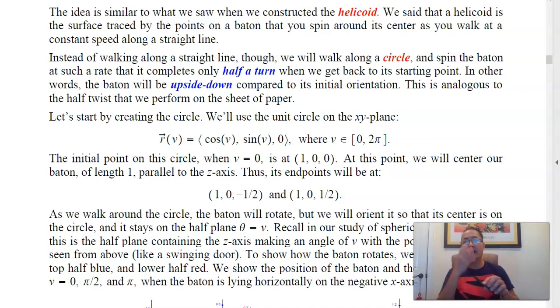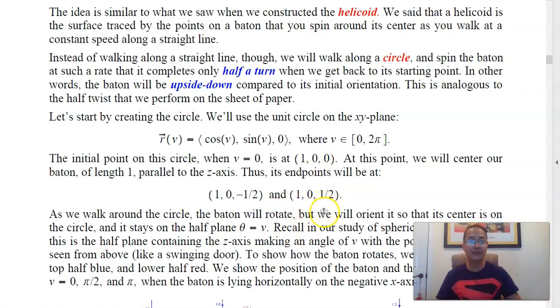We're going to use that same idea, except instead of walking on a straight line, we are going to walk around a circle. We're going to start with the baton centered at (1, 0, 0), and it's going to be vertical, pointing up and down.